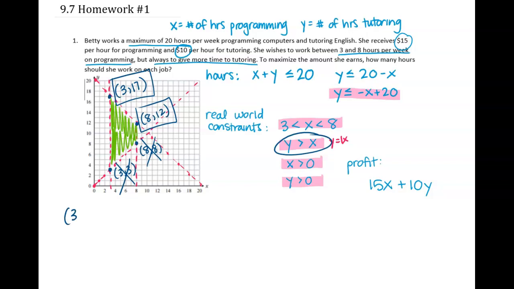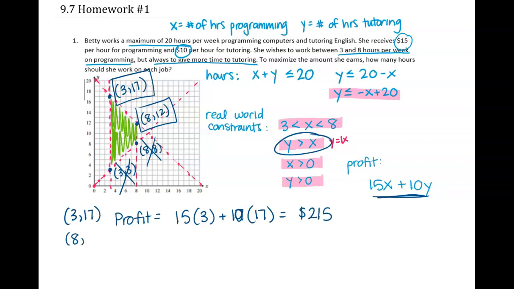So for (3, 17), our profit, well, looking over here, it's 15 times our x value, which is 3, plus 10 times our y value, which is 17. If you multiply this through and add it up, you get $215.